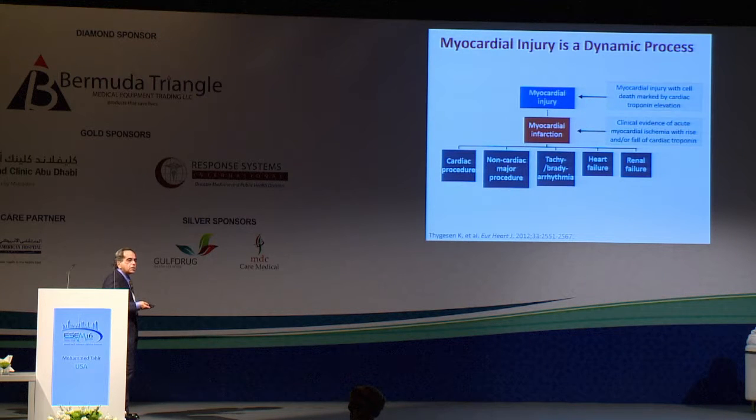You go and do a PCI, you're going to damage the vessel wall, and troponins are going to leak. Non-cardiac major procedures, I'm going to touch a little bit on these, are a major problem at present, because there are events and there is elevation of troponins, and nobody knows what to do with them and what the answer is.